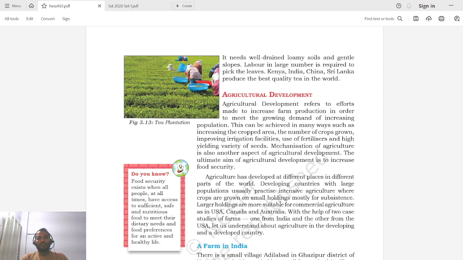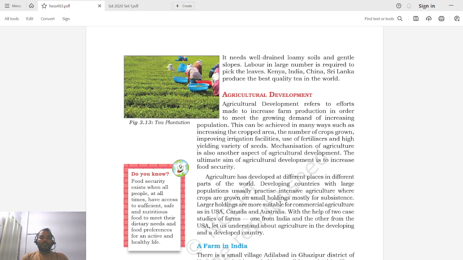farming. So basically what they do, they involve very low capital, the labor is from their family, they grow, and they are not able to sell because the produce is so little that sometimes it is insufficient for their family itself, right? So there is no question of going and selling in the market. So this type of farming is known as intensive farming, whereas in case of some developed countries like USA, Canada, and Australia, the farmers over there have huge land, say hundreds of acres or hundreds of hectares.